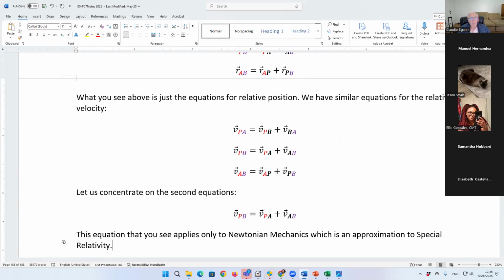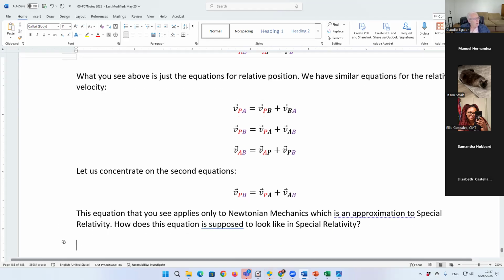So the question is, how is this equation supposed to look like in special relativity?